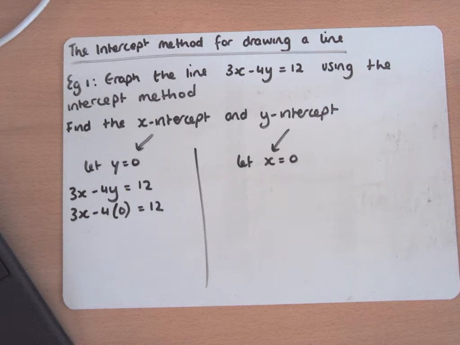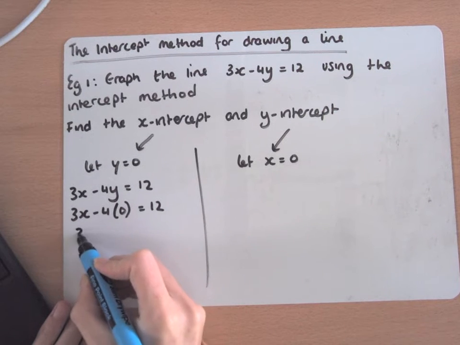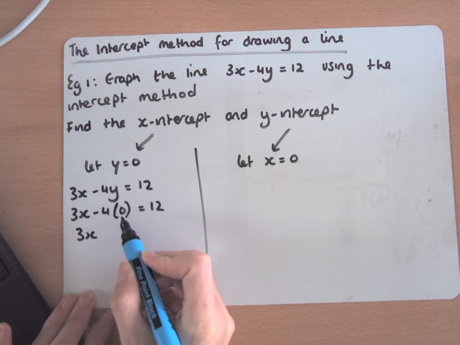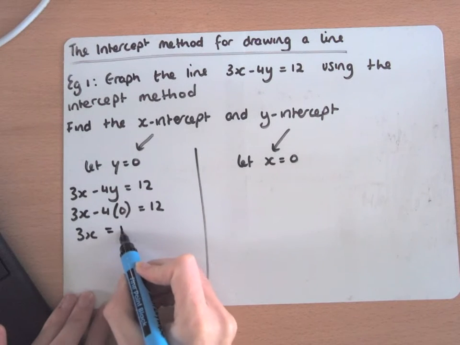Are we okay with this? Make sense? So, let's keep going. 3x. What's minus 4 times nothing? Nothing. Don't even write it down.